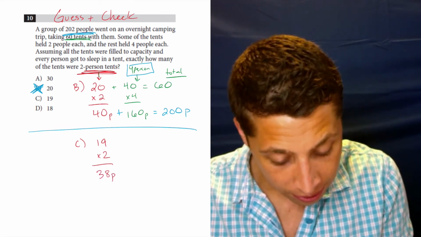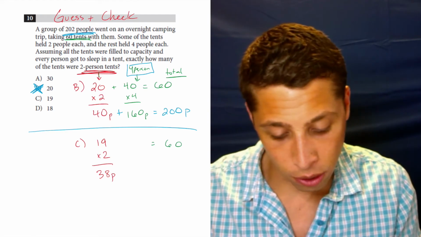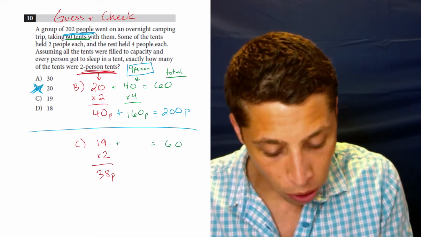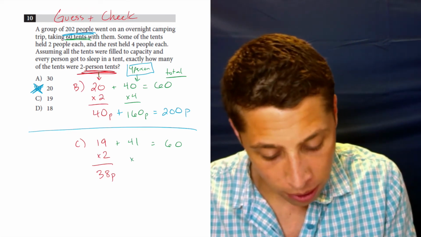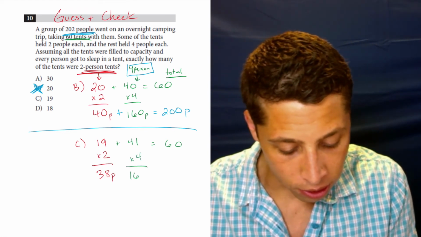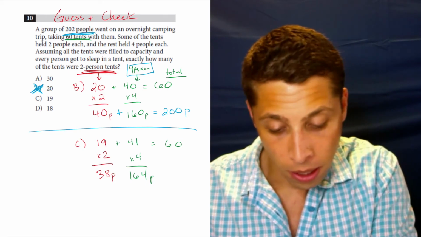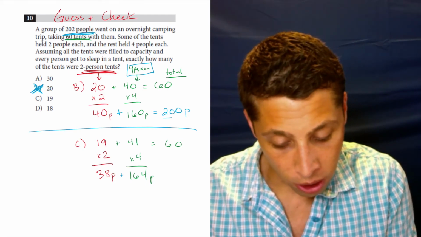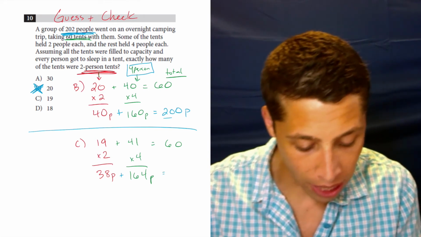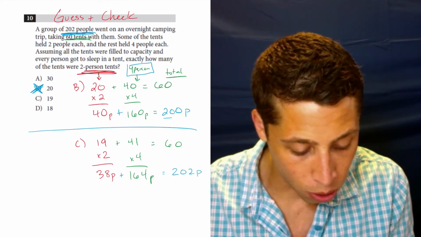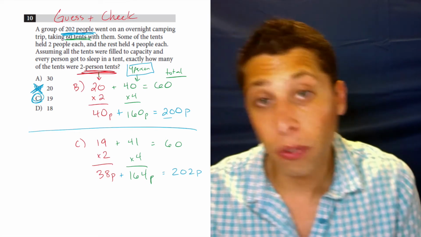Then I need to get to 60 total tenths. So how would I do that? Well, that would be 41 four-person tenths. So 41 times 4 is 164 people. And I know that I still need to get 202 people, so 164 plus 38 is in fact 202. So there's my proof that choice C works.